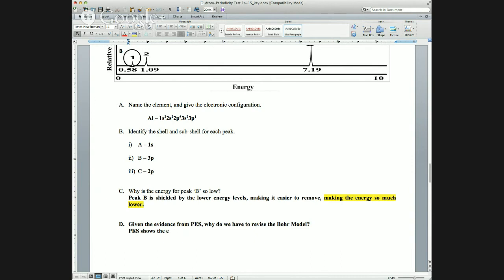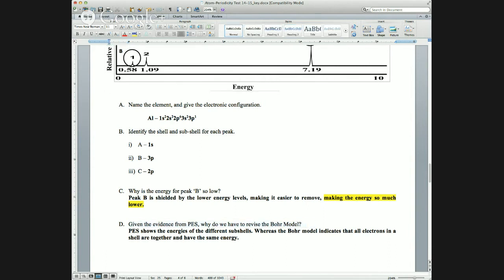It shows the energies of the different subshells, whereas the Bohr model indicates that all electrons in a shell are together and have the same energy. Something along those lines. That's basically what I was looking for there on D.